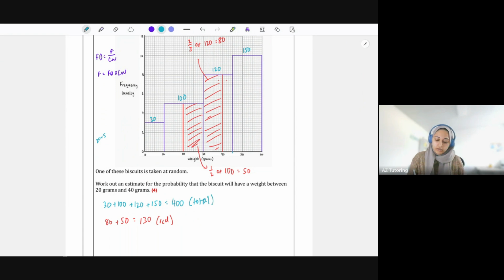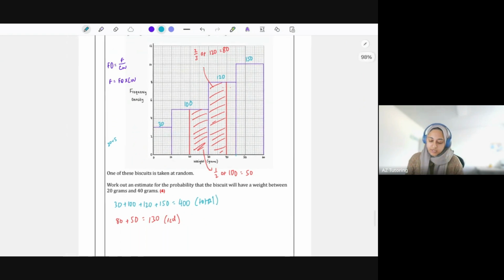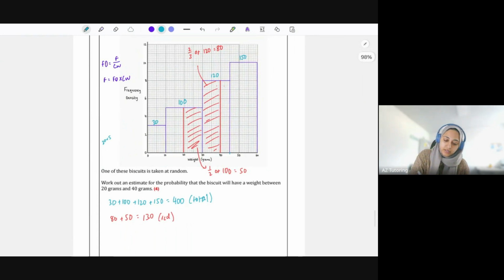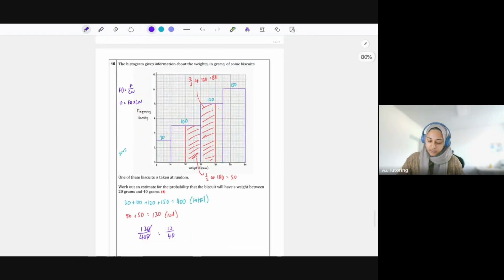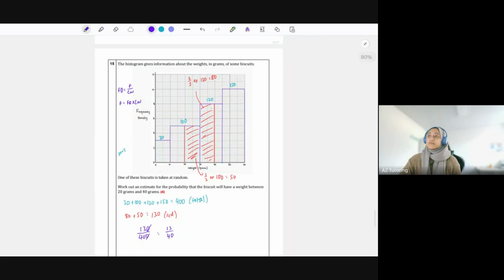So therefore, to work out the probability the biscuit will have a weight between 20 and 40 grams, the number of biscuits between that is 130 over the total, which is 400. Let's simplify that, cancel a 0, I get 13 out of 40. So that's my answer for question 15 for 4 marks.